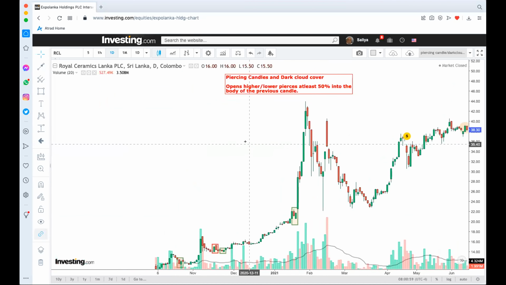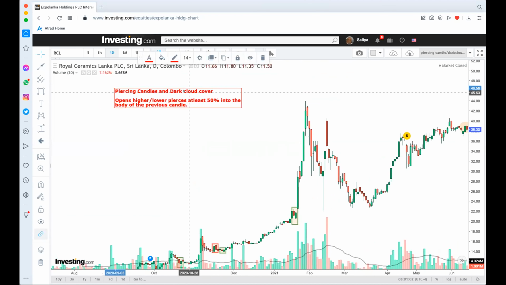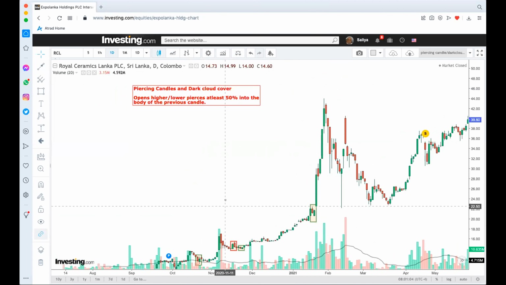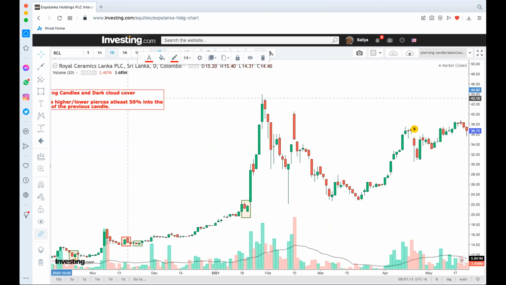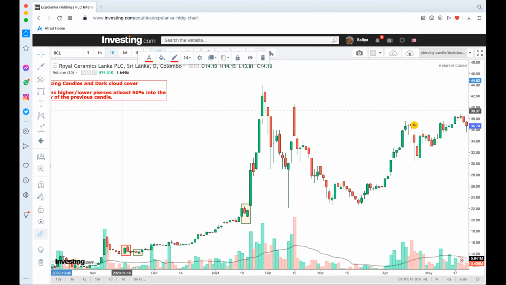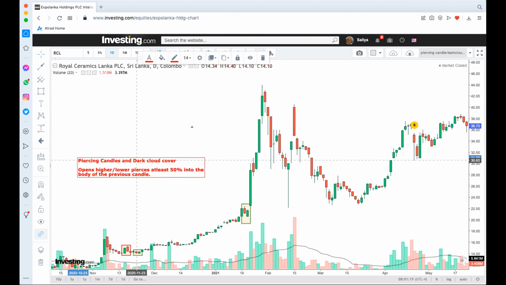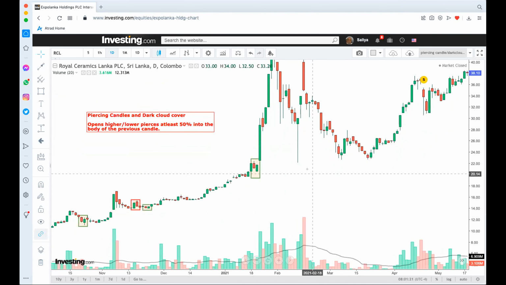Then from the dark cloud cover, we move on to the piercing candle. The piercing candle is the same in the opposite direction. You can see these two candles. You can see the close here, which is at 2120. The open of the following day is at 2060.